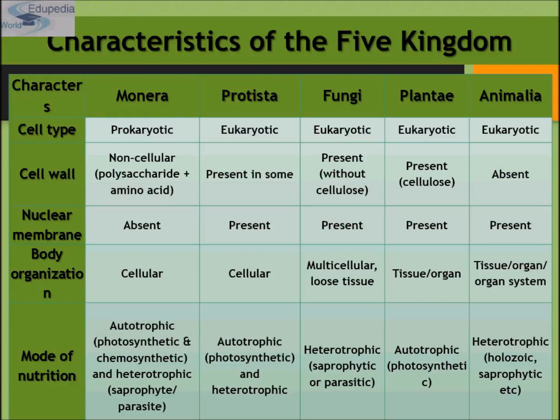Now have you ever wondered what are the merits of the 5 kingdom classification? Sorry, I haven't mentioned it here, but I am explaining it to you. Merits of the R.H. Whittaker 5 kingdom classification: it is more scientific and natural. It is the most accepted system of modern classification, as the different groups of animals are placed phylogenetically.